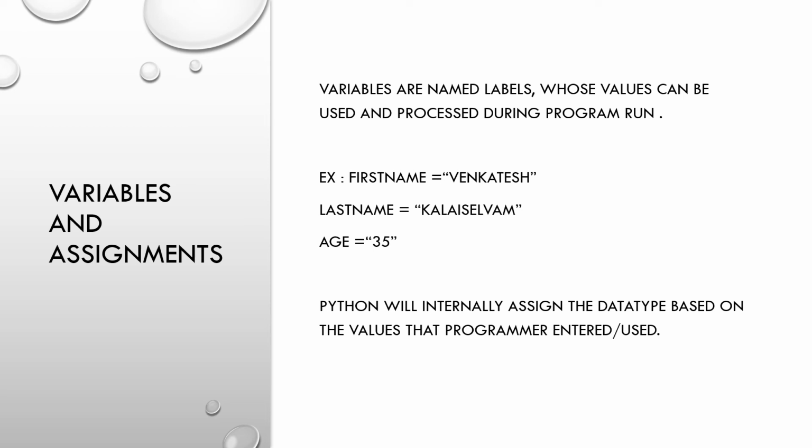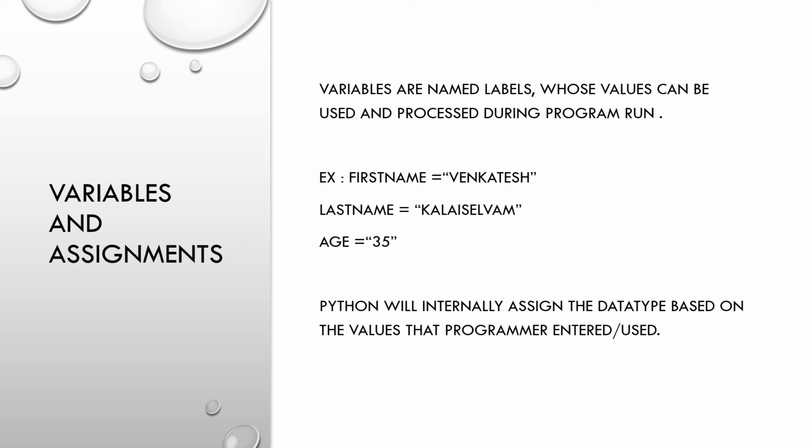Like that, you have to create a placeholder to assign your data, so that when you execute your code, they will be placed in the right variable, and then your program execution will work without any error. That's the reason we should have a placeholder for all the data that you are handling in your program. That's called variables.